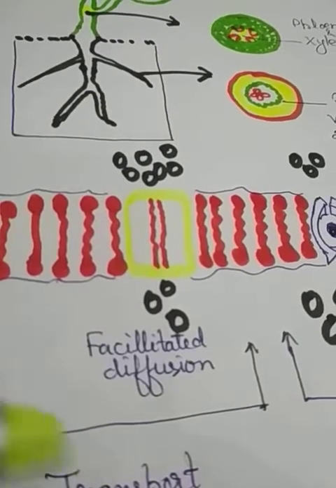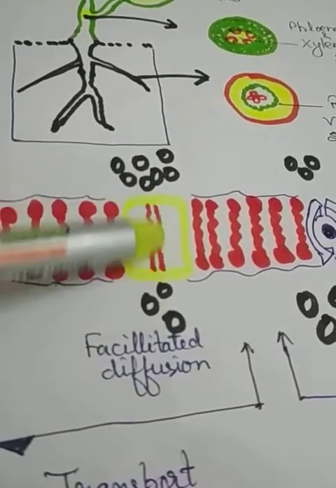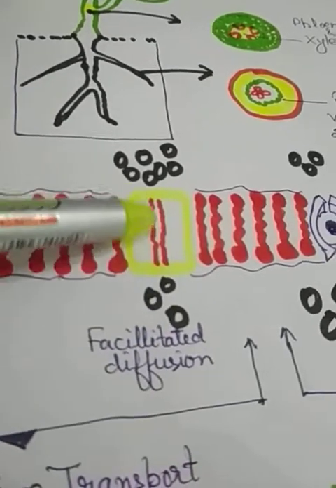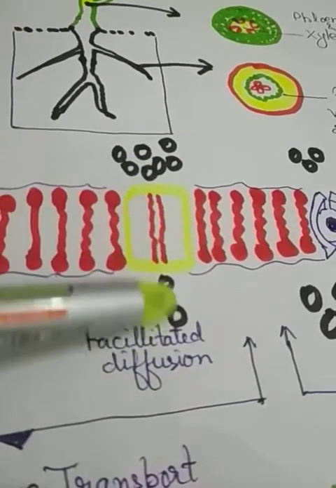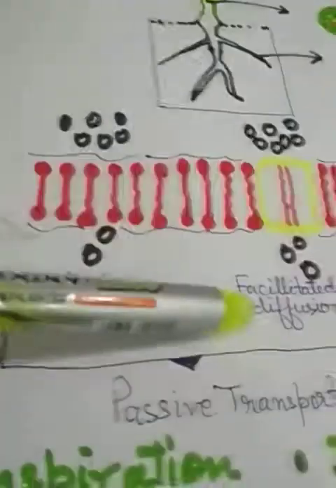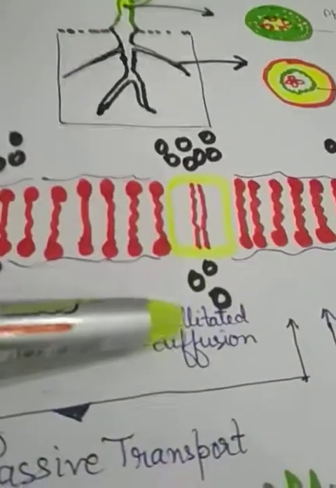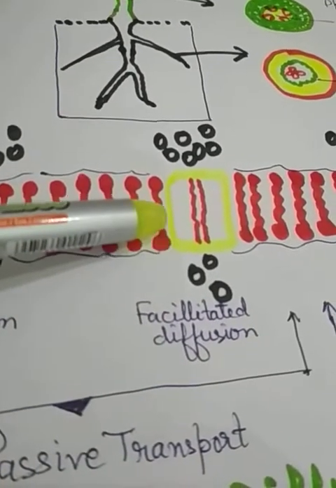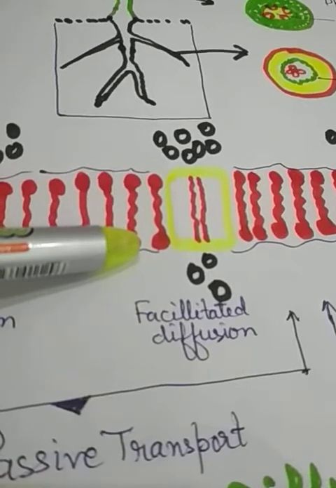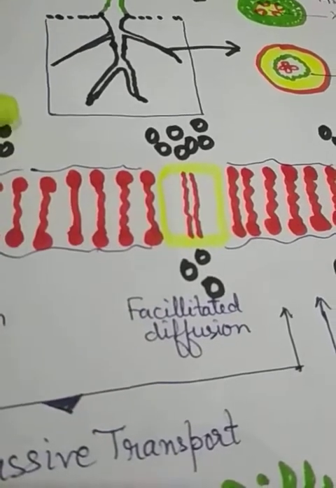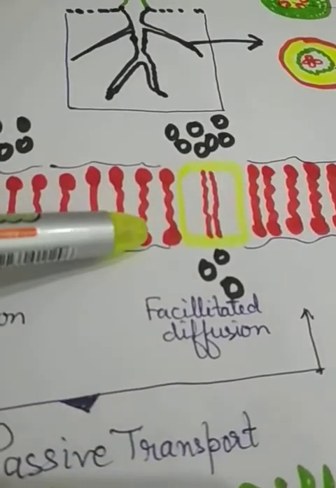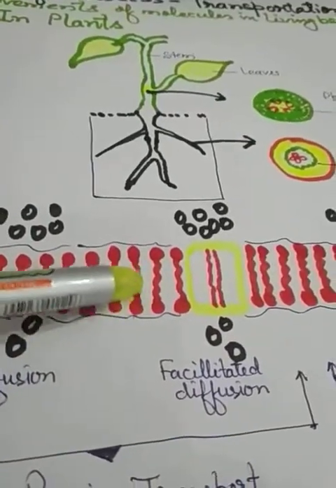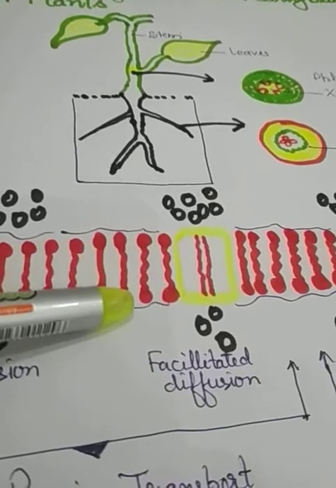Suppose this is the vascular bundle, and diffusion gets facilitated through a vascular bundle. That also comes under passive transport, and in passive transport there will be no requirement of any energy, because there are several factors in the environment, humidity and temperature.